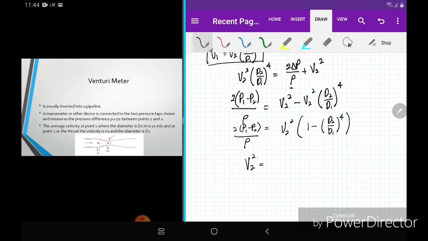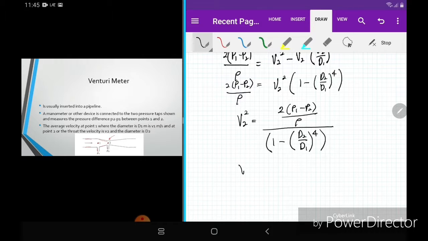This is then, or v sub 2 squared, this is equivalent to 2 quantity p1 minus p sub 2 over density divided by 1 minus a quantity d sub 2 over d sub 1 quantity raised to the 4th power.